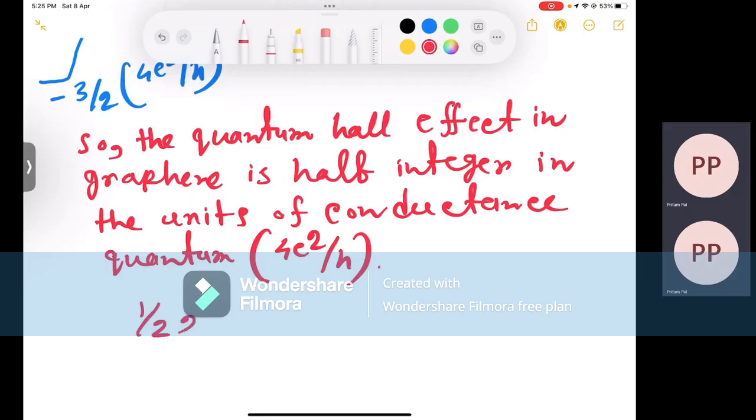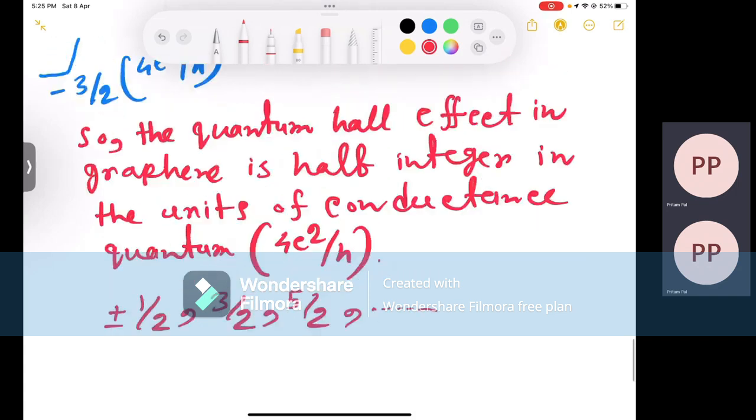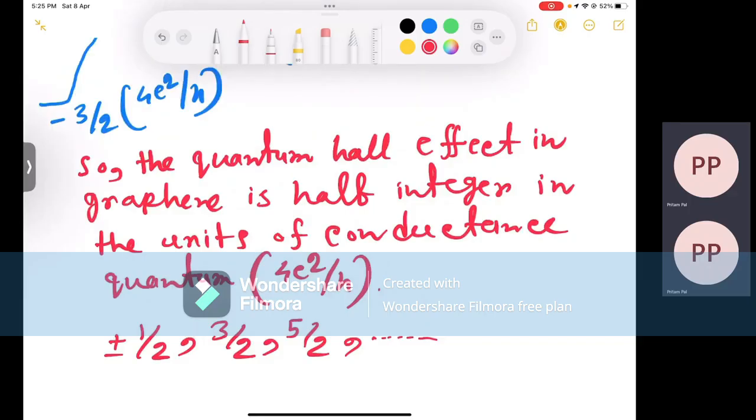It's like 1/2, 3/2, 5/2, and so on, always plus minus. So this is the thing. That's all about the quantum Hall effect in graphene.